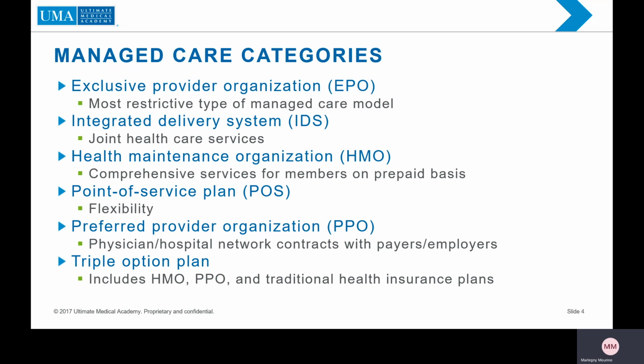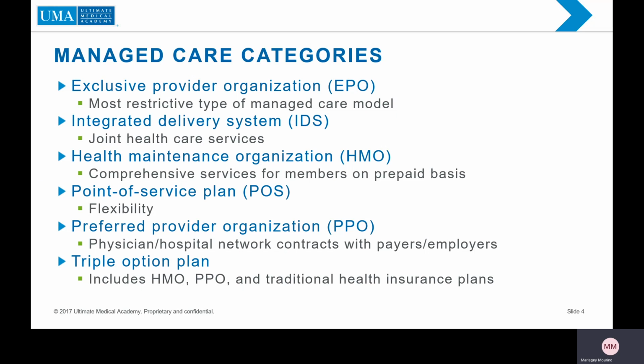Most PPOs are open-ended plans, allowing patients to use non-PPO providers, once again, in exchange for a larger out-of-pocket expense. Premiums, deductibles, and co-payments are usually higher in a PPO plan than those in an HMO plan, but lower than those from your regular fee-for-service type plan.